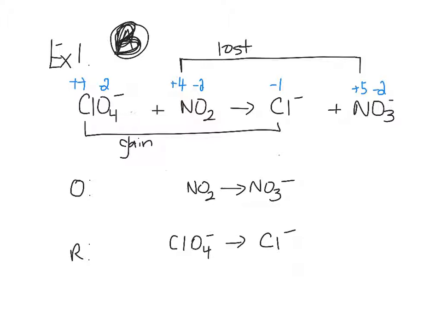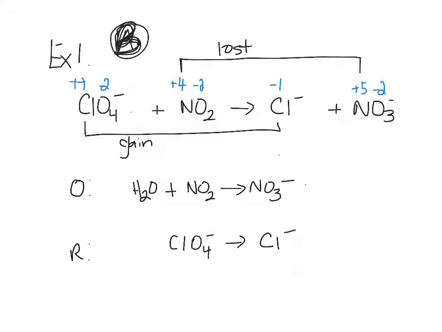So we are deficit in oxygens on the left. So we're going to add 1 water to make it 3 oxygens. We are now deficit hydrogens on the right.